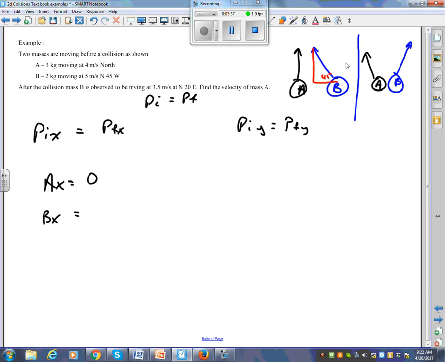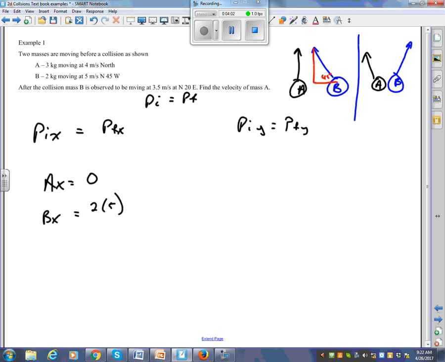What is that something? What is this hypotenuse? Well, it tells me that B is moving at 5, but that's only the velocity. I also need the mass, right? No, this is the initial one here. Oh, that's the before? Oh, yeah, I got you right. Thank you. 2 kilograms moving at 5 meters per second. So the B x is the momentum, so that's going to be 2 times 5, right?